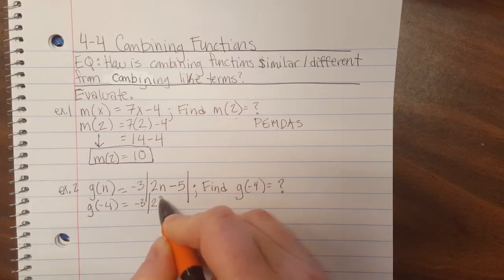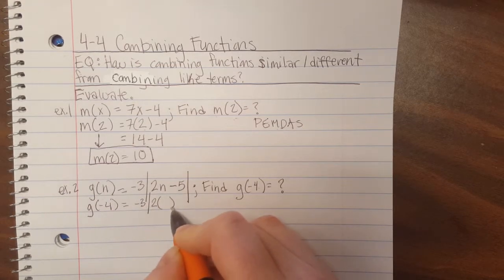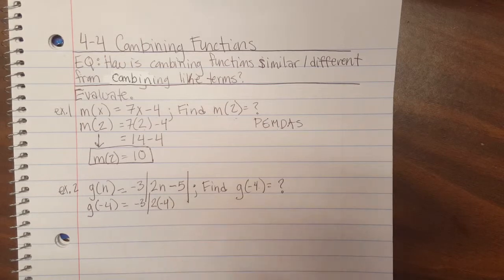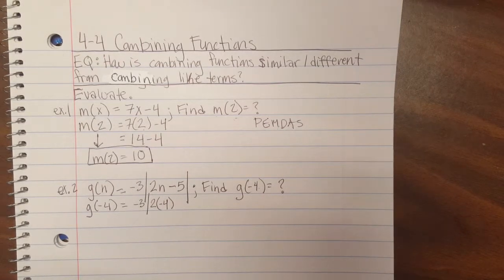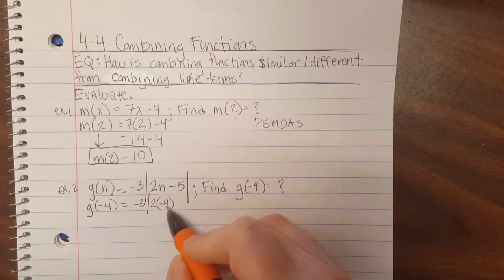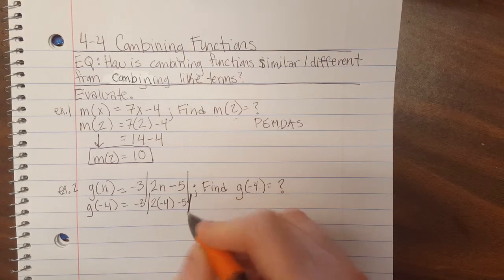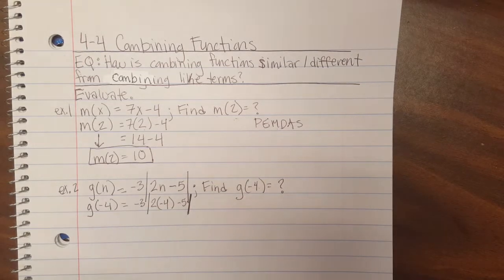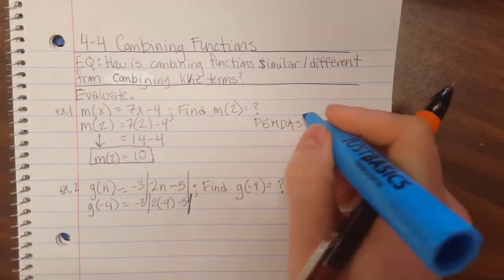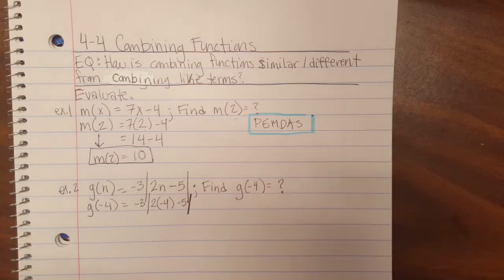Whenever we're evaluating, we should put parentheses, especially when that number is negative. It's important to have parentheses. 2 times -4 minus 5, close the absolute value. Again, we need to follow PEMDAS. Please excuse my dear Aunt Sally.